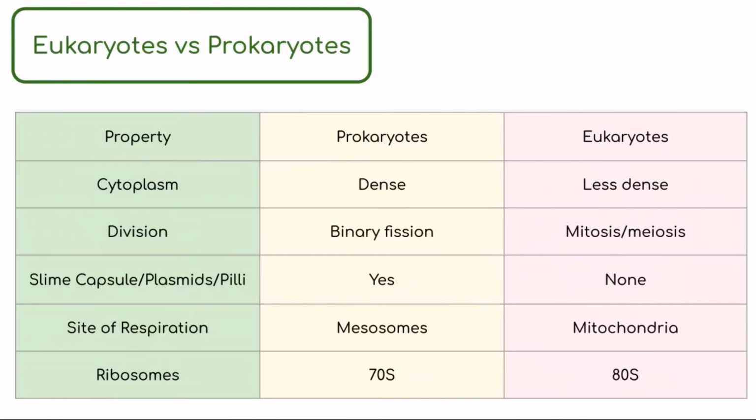There's also the fact that prokaryote cells divide or reproduce through binary fission, whereas eukaryotes do so by mitosis and meiosis. Energy production also differs between the two types of organisms, as respiration and ATP production takes place in mesosomes in prokaryotes and mitochondria in eukaryotes. And finally, the size of the ribosomes are smaller, 70S, in prokaryotes, and bigger, 80S, in eukaryotes.